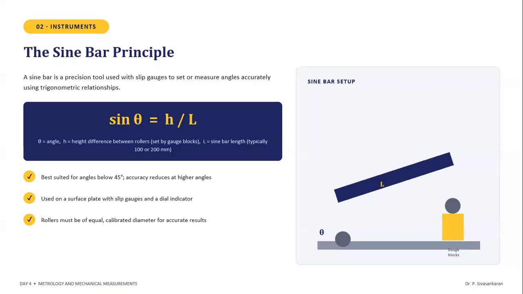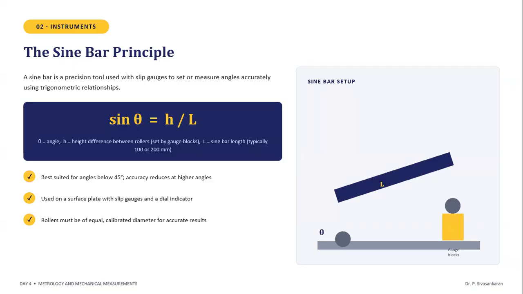The sine bar is generally more suitable for measuring or setting angles below 45 degrees. It is normally used on a surface plate along with slip gauges and a dial indicator. For accurate measurement, the rollers must have equal and properly calibrated diameters.